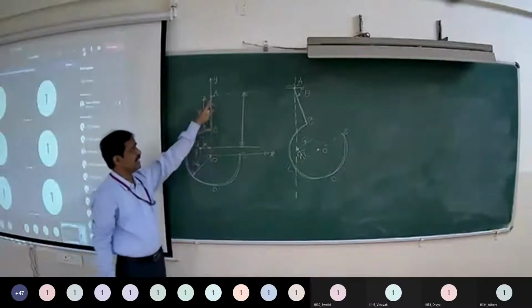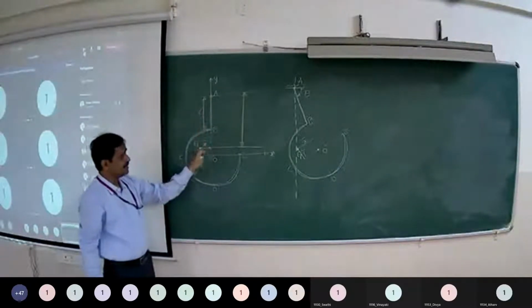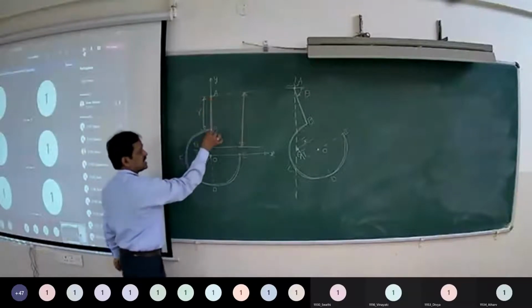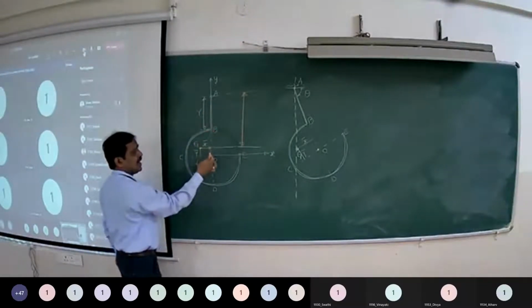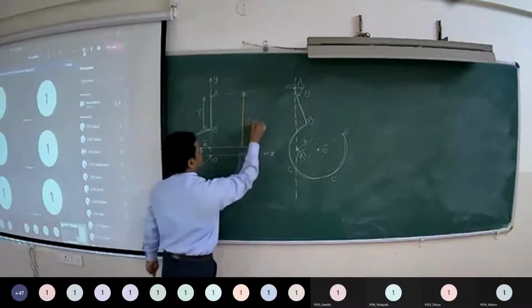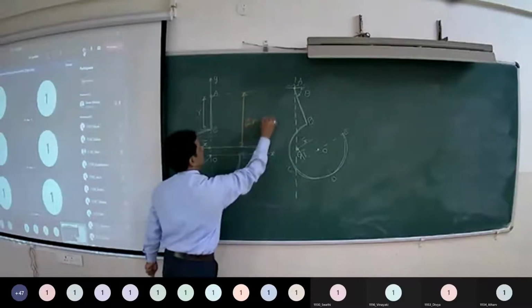Yes, distance between A and G, vertical distance. We know that it is given AB as R and the radius is also R. So from A to O, it is 2R minus y bar.